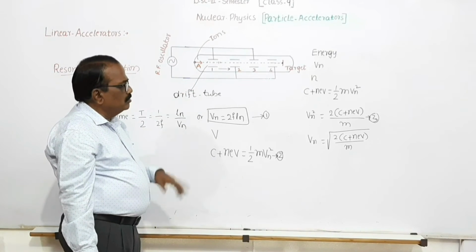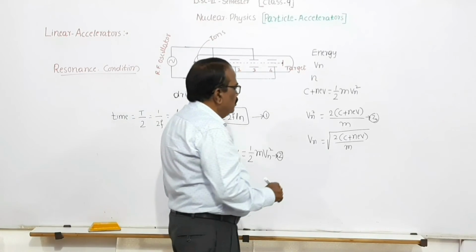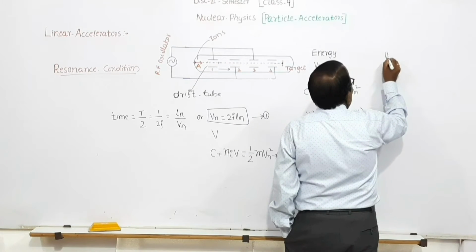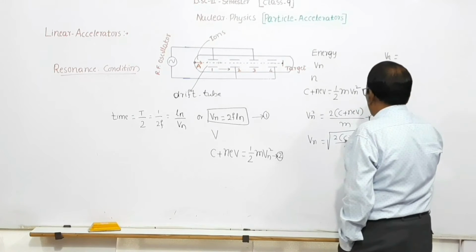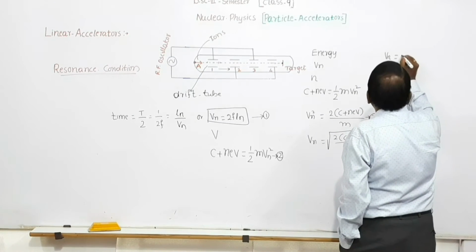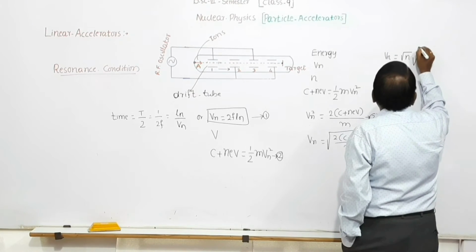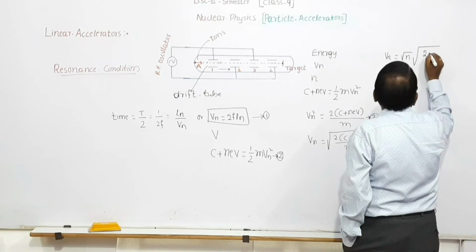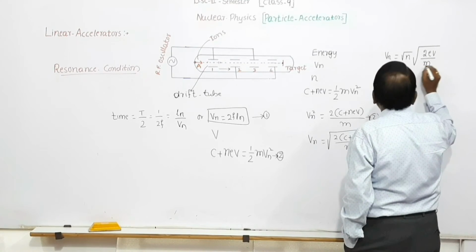If there is no injection energy, then we have Vn equal to, C is 0. Take this n outside the square root, and inside we have 2eV divided by m.